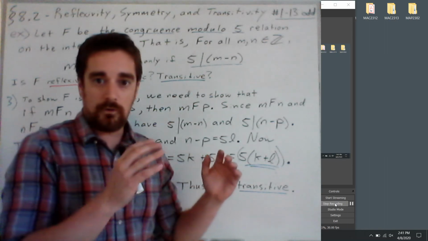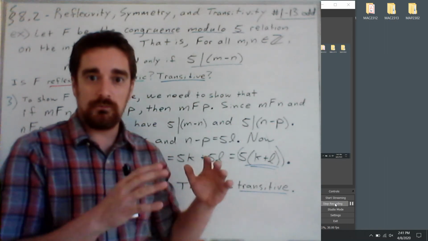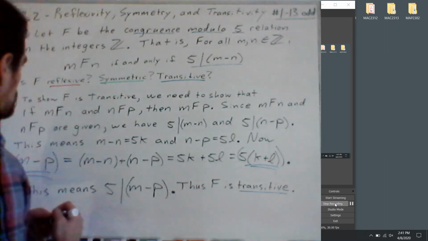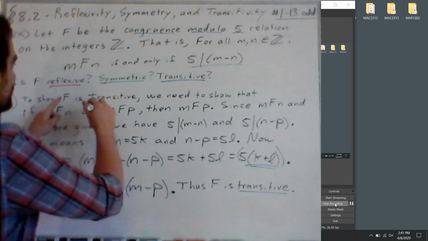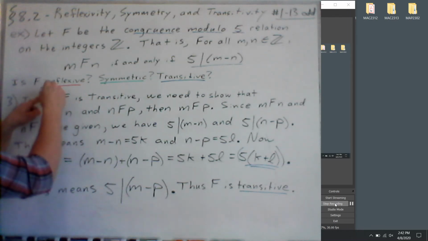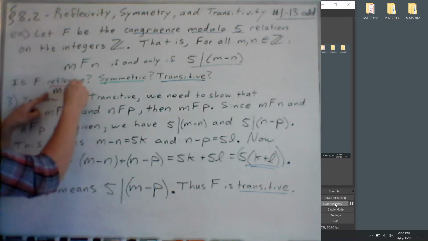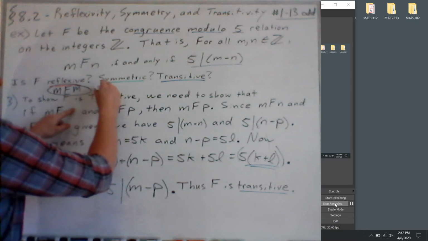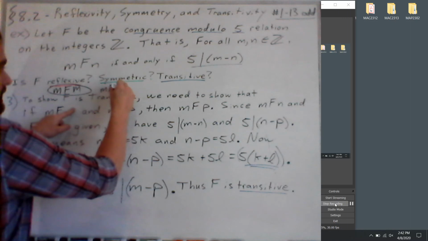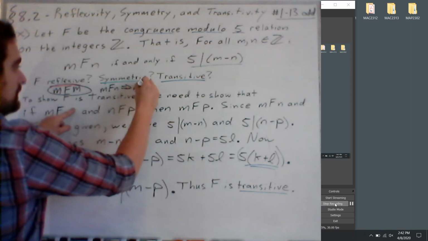So again, always go back to the definition to see what you really need to prove. For reflexive, you're always looking to take the same two elements. I know I already erased it, but you're looking to take the same two elements, mFm. For symmetric, you are given mFn, and you need to show nFm.